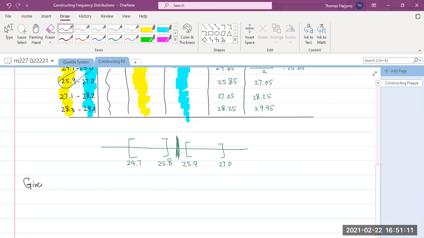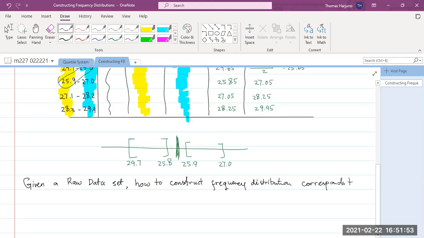Given a raw data set, how to construct the frequency distribution that corresponds to that raw data.